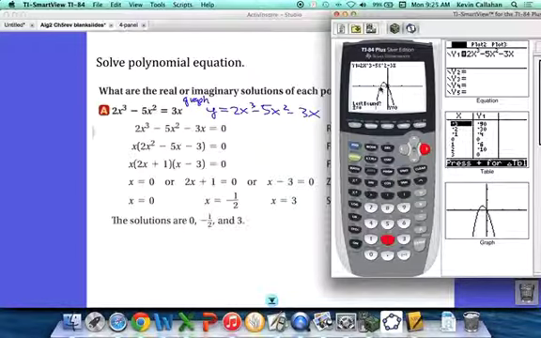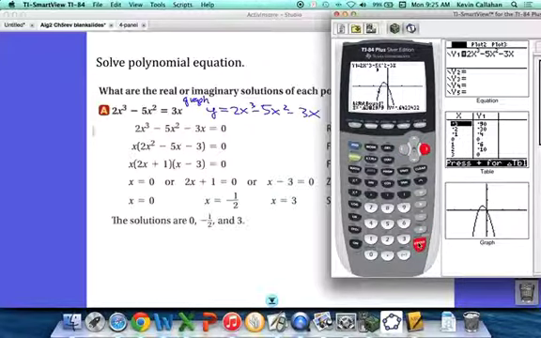So the left bound has to be an x value which is less than that number, but on the screen. In this case I'd probably use the arrow keys. Hit the left arrow until you see that cursor go to the other side of the x-axis. Like that. Okay, that's a left bound. Hit enter.